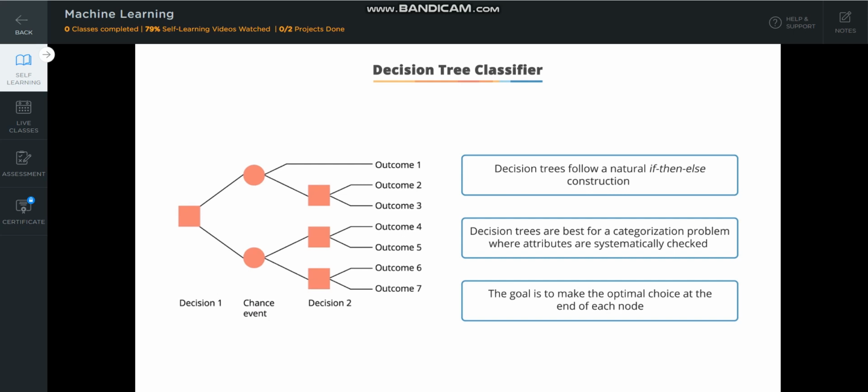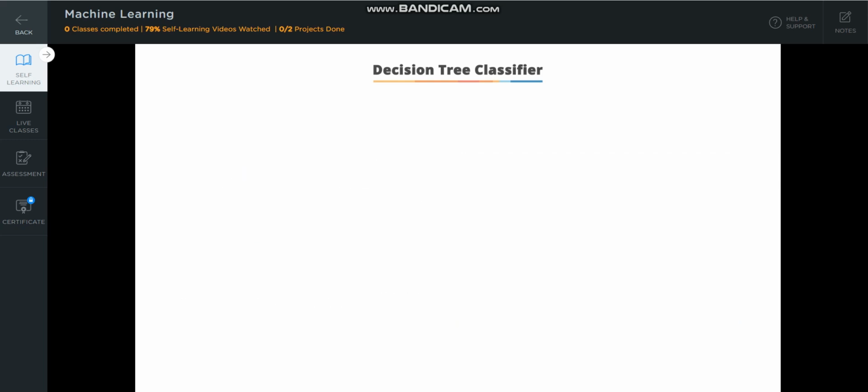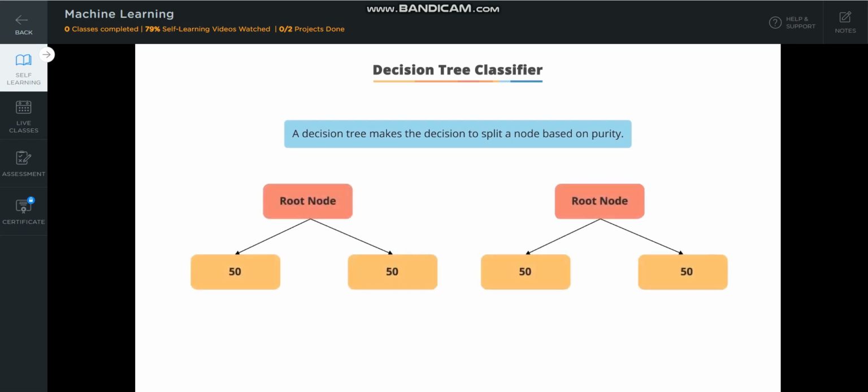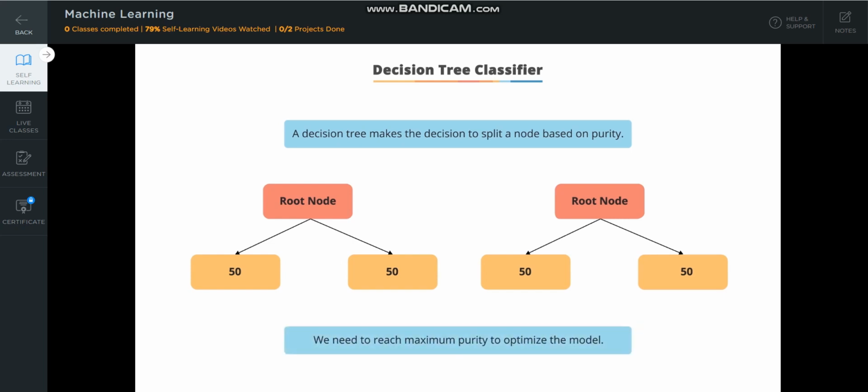Therefore, it uses Hunt's algorithm, which is both greedy and recursive. Purity is the metric according to which a decision tree makes the decision to split each node. A node is 100% impure when a node is split evenly 50-50, and 100% pure when all of its data belongs to a single class. In order to optimize our model, we need to reach maximum purity and avoid impurity.